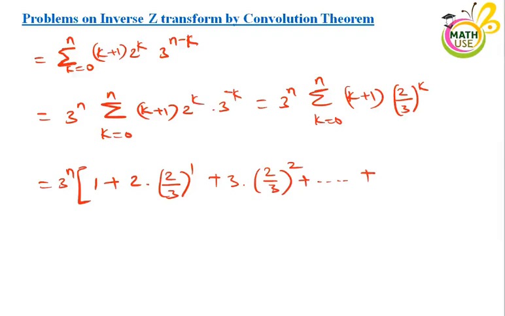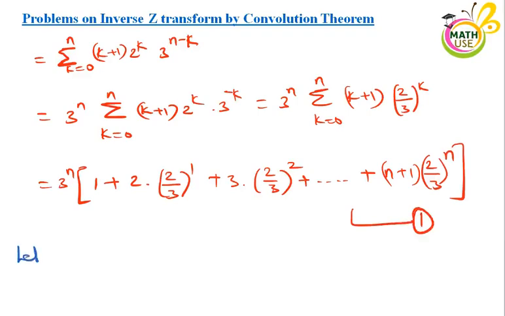The nth term, when you put k equal to n here, it comes (n plus 1) into (2 by 3) to the power n. Now give this the name equation number 1. We will use this equation later.